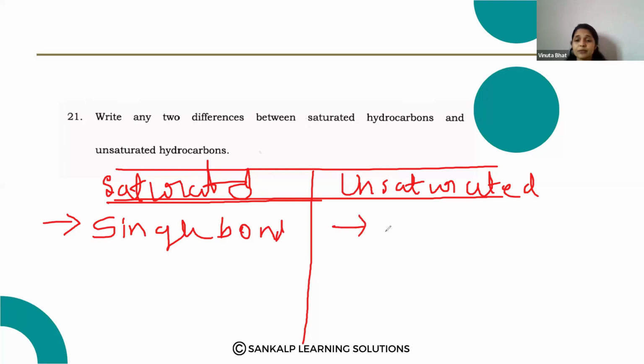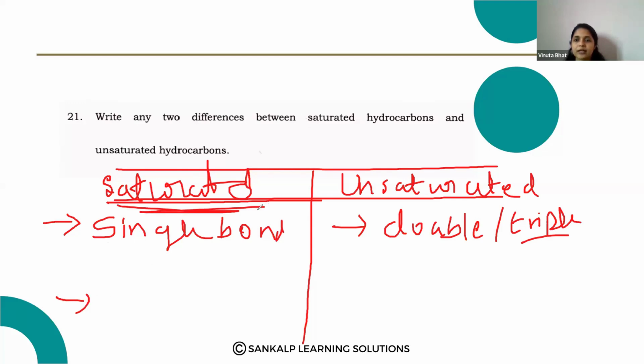Where there is a double or triple bond present between the carbon atoms, that is called unsaturated hydrocarbons. Saturated hydrocarbons are less reactive, but unsaturated hydrocarbons are more reactive.